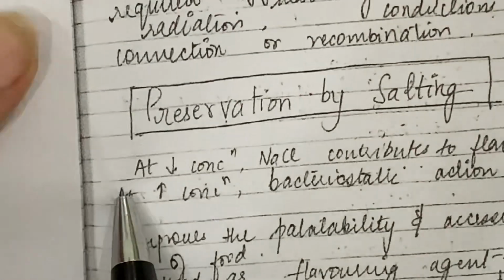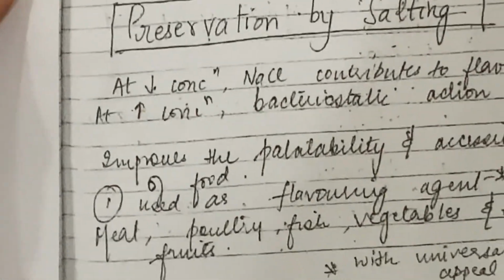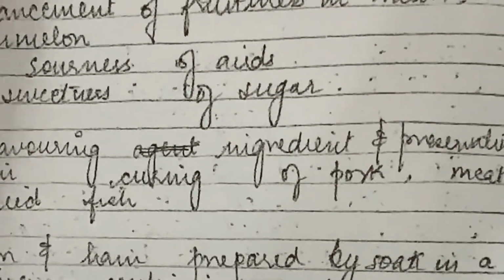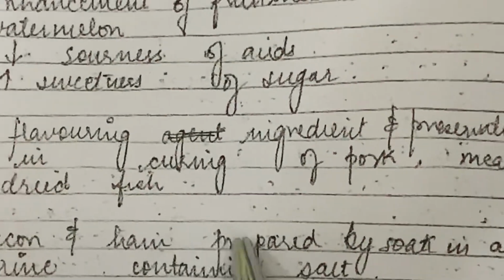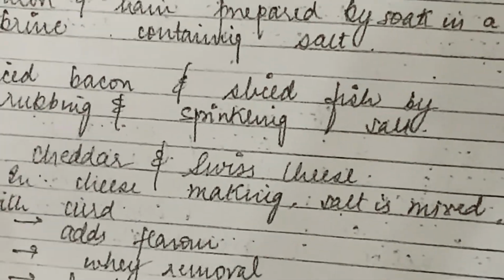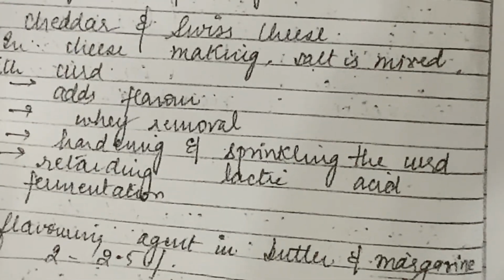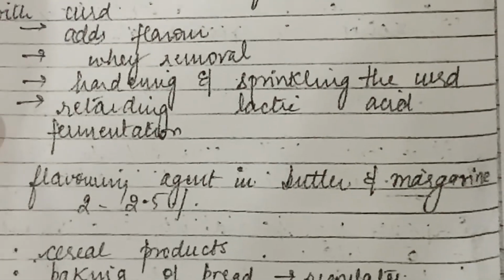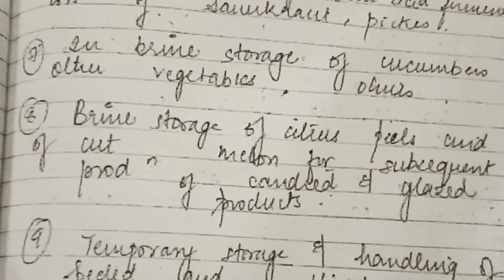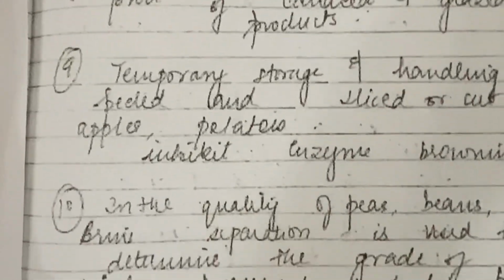The next is preservation by salting. Various advantages and disadvantages are given for using salting as a preservation permanent method. There are 10 methods for preservation by salting.